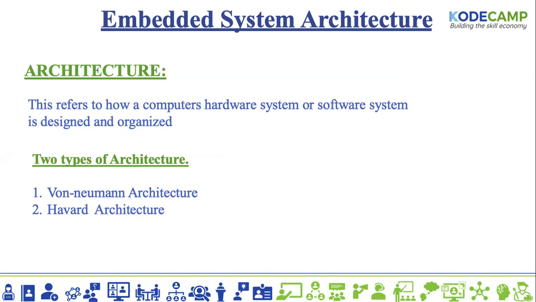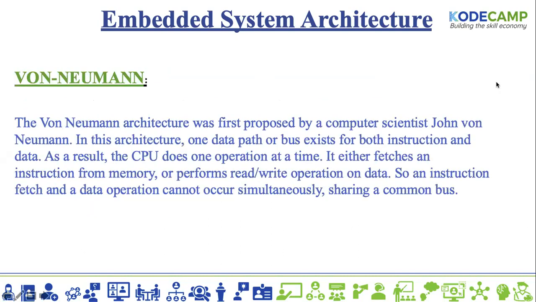Now the von Neumann architecture says that a particular device is going to have just one memory. Though it has a data bus and an address bus, it doesn't fetch data or instructions from the memory simultaneously.